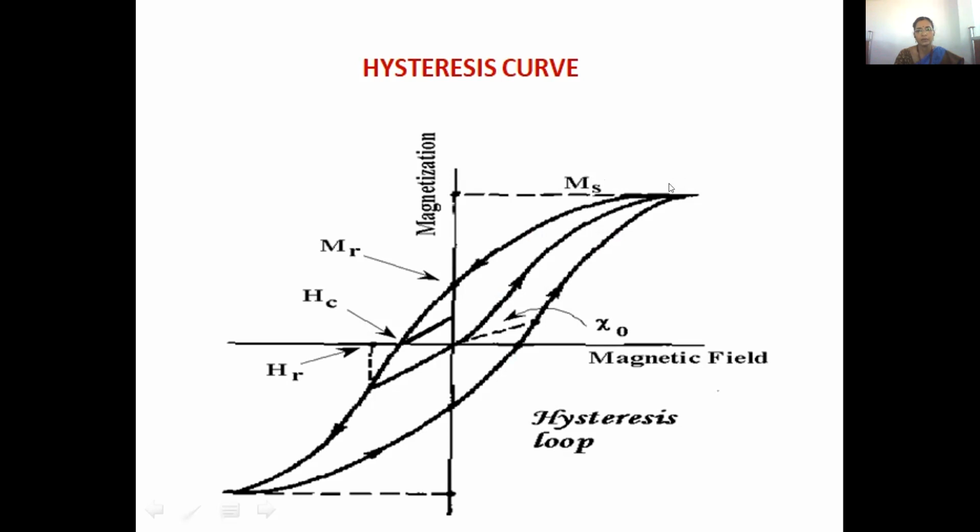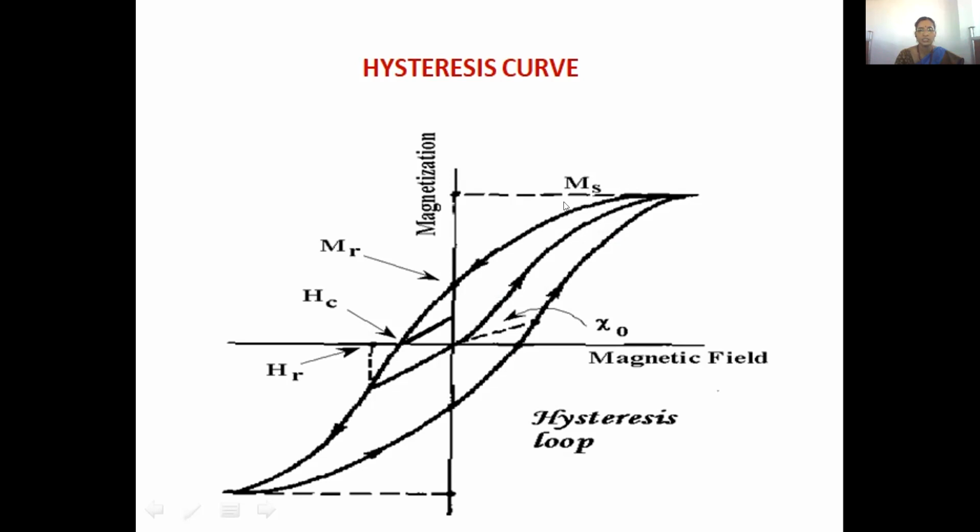From here, let us observe how it varies if we decrease the magnetic field values. When we decrease the values, it does not follow the same path back.